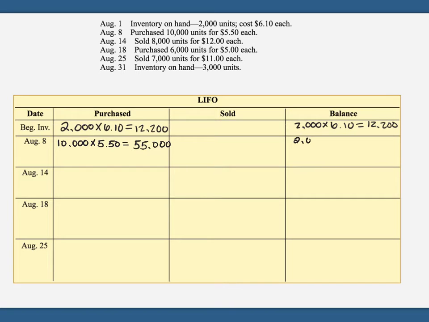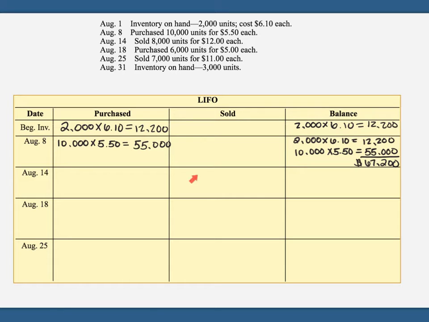We know the first one. We have 2,000 units that cost $6.10, $12,200 total. Now we also have 10,000 more units that cost $5.50 each, $55,000. So our current inventory total is $67,200.